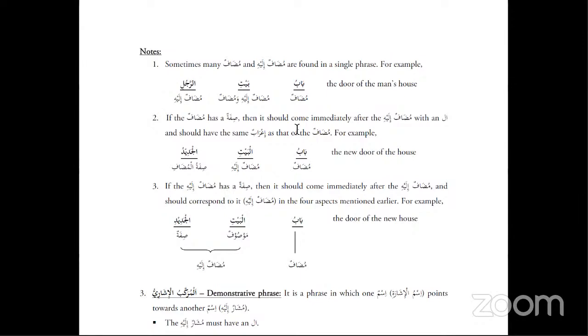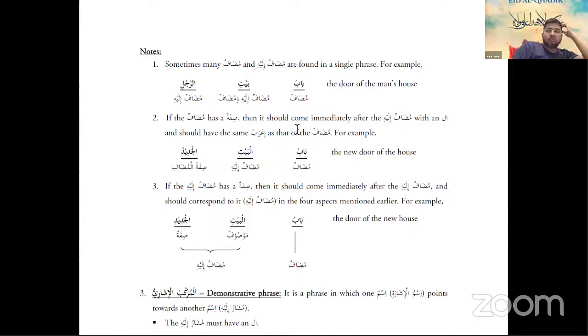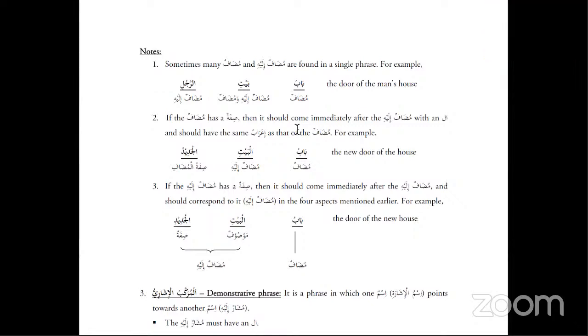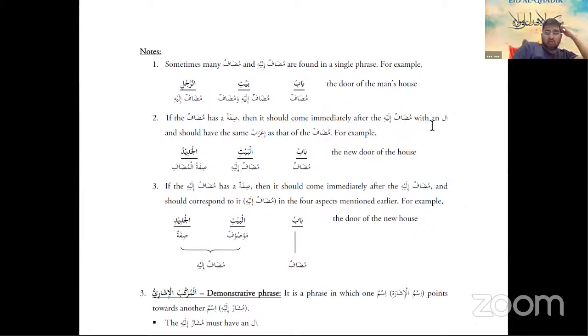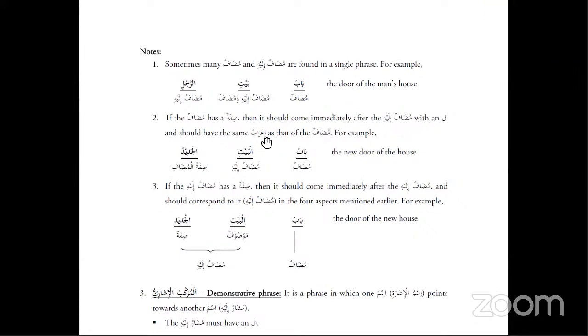The terminologies get muddled up. The more practice we do, the better we become. Practice makes perfect. If the mudaf has a sifa, then it should come immediately after mudaf ilayh with an al, and should have the same i'rab as that of the mudaf.